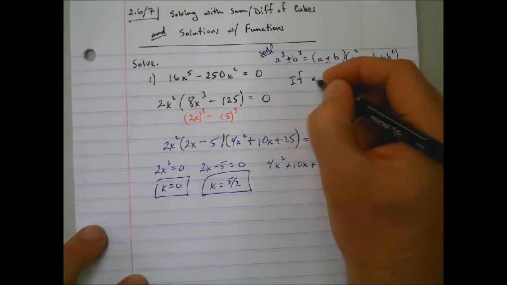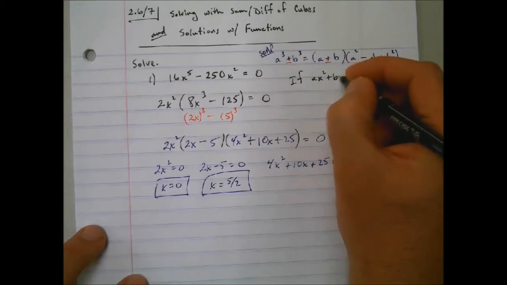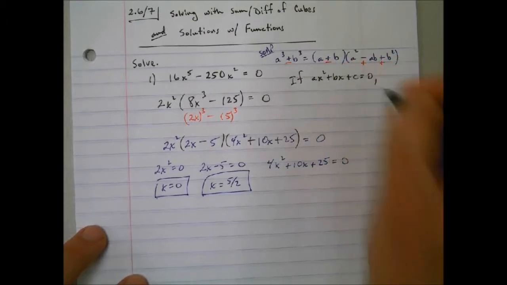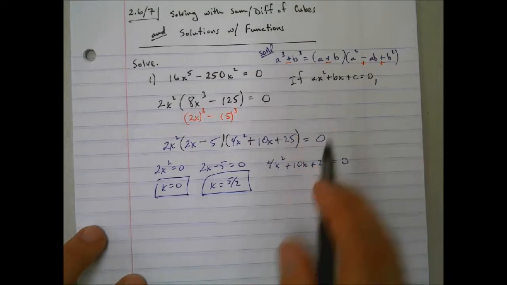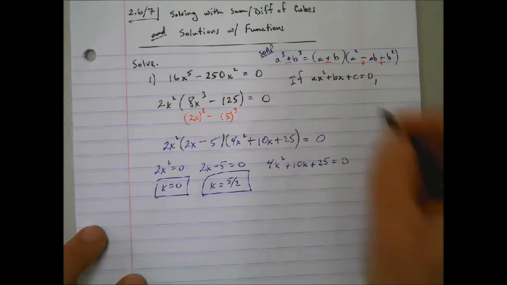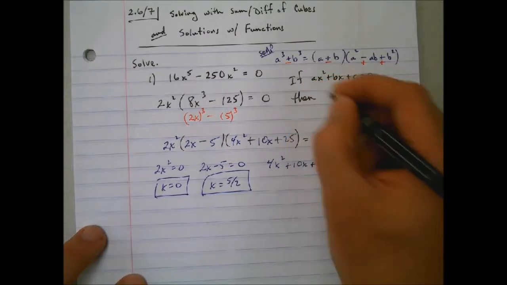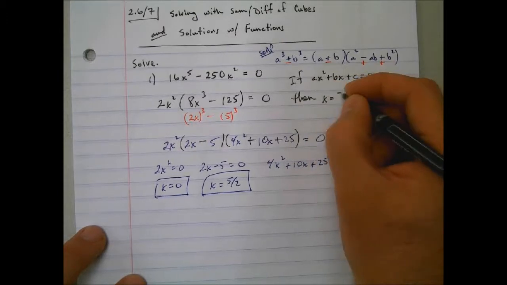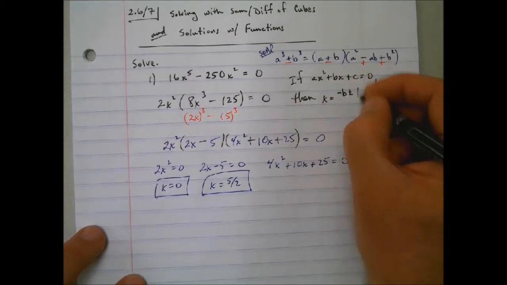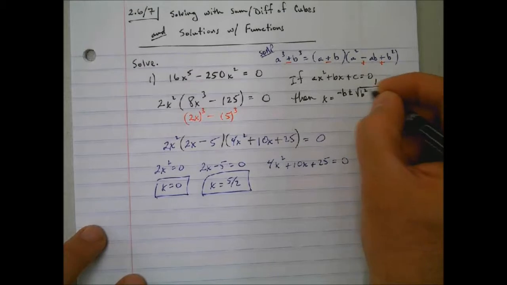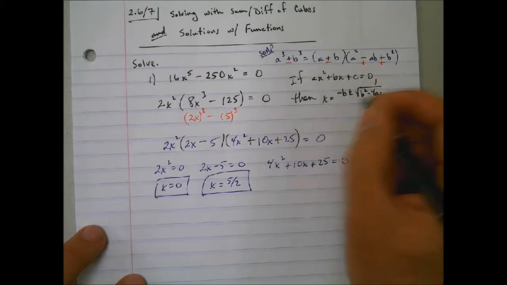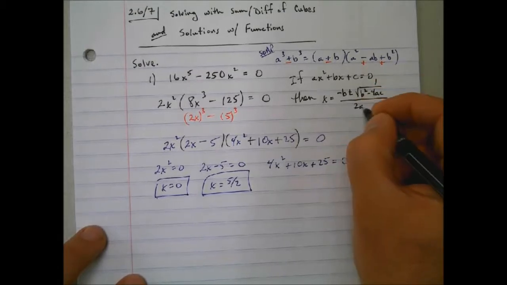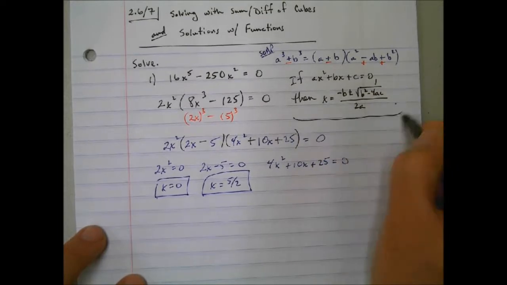If ax squared plus bx plus c equals 0, if you can get it in that form, which we are, then x is equal to the opposite of b plus or minus the square root of b squared minus 4ac, all over 2a.